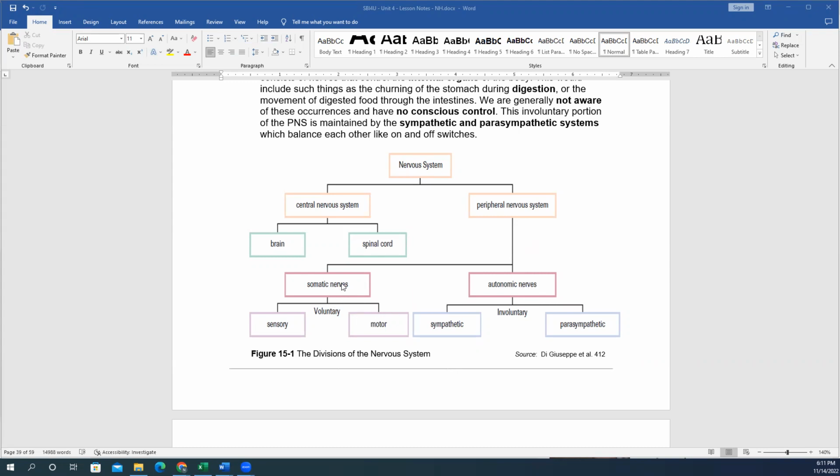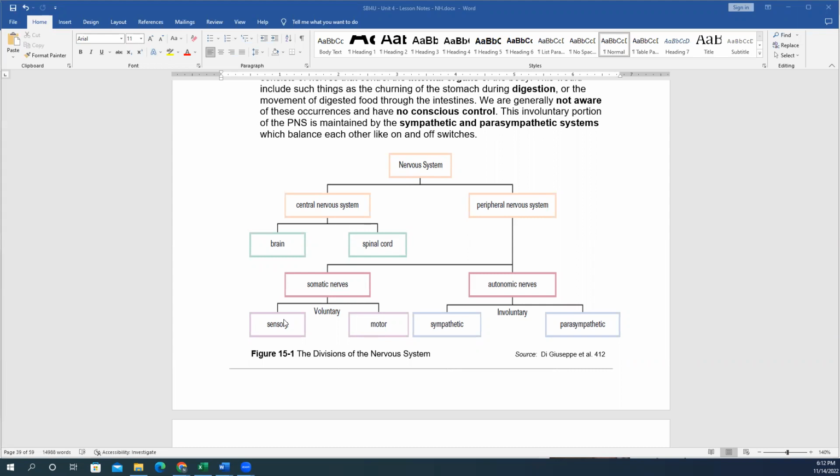The somatic nerves are ones that control the skeletal muscles that are responsible for motion and motor. They are also responsible for the movement of skeletal muscles, the bones, and the skin, which is sensory, and it relays the information about the external environment back to the brain.